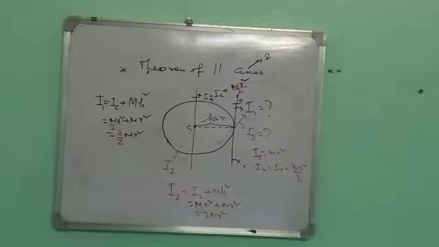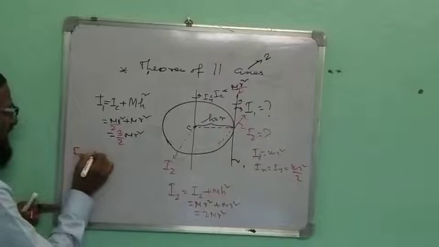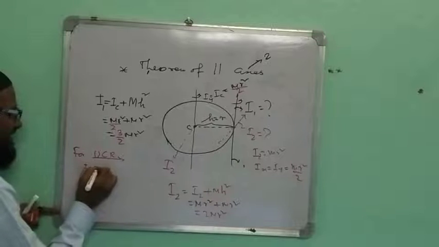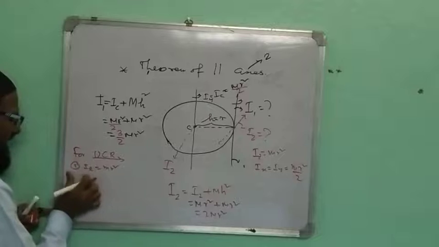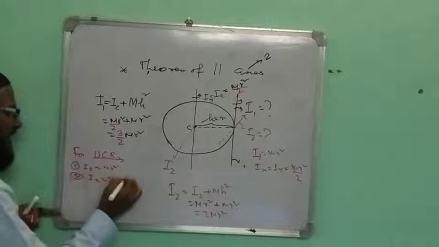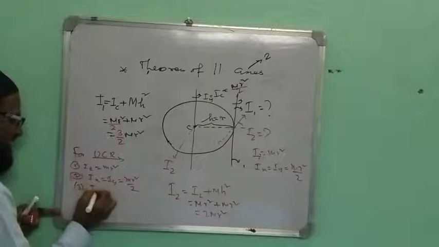Is it clear? Now I am giving it for a uniform circular ring: I_Z equals M R square, I_X equals I_Y equals M R square by 2, and this is I1.